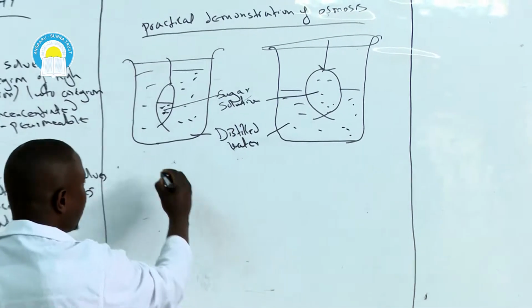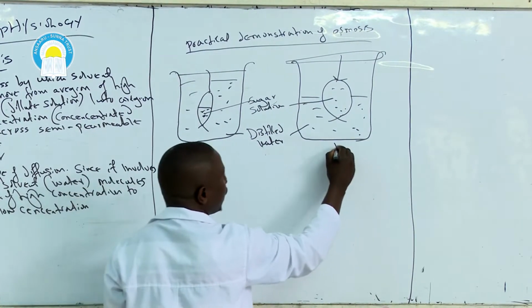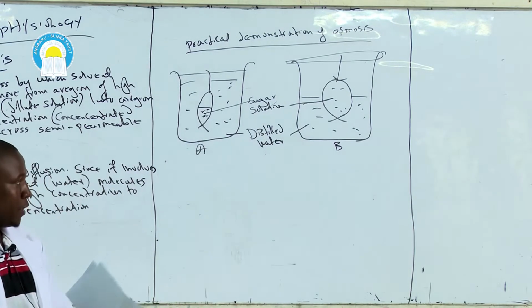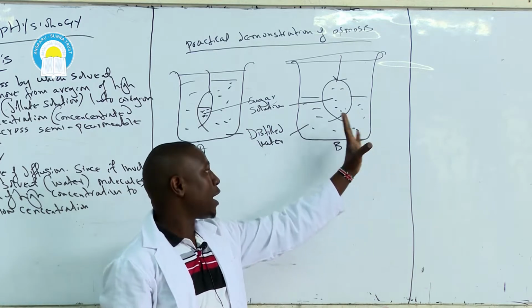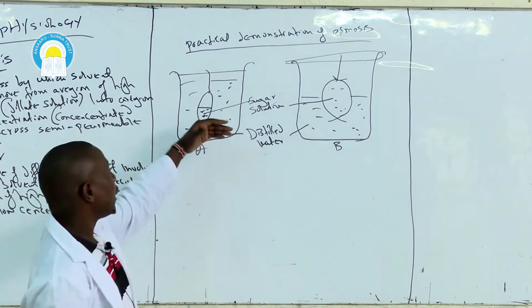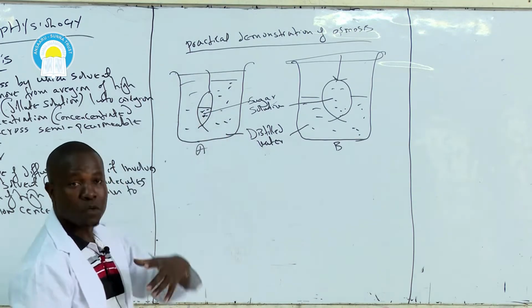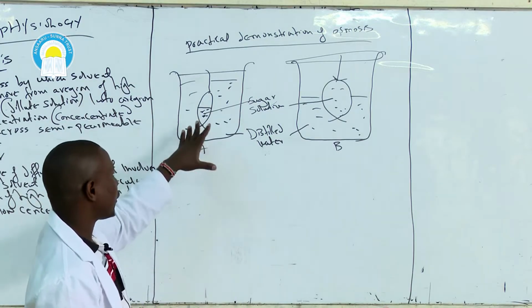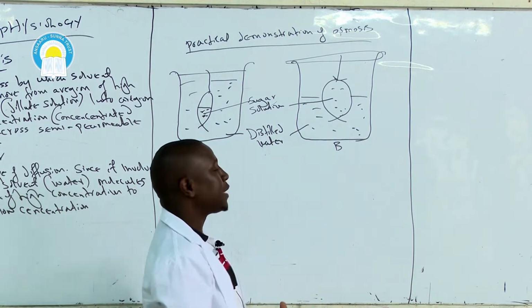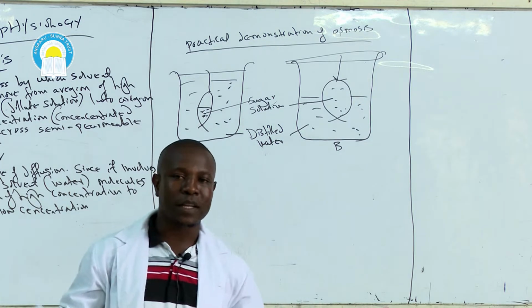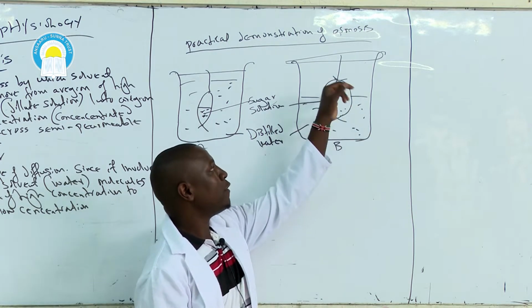The beginning of the experiment we mark as A, and the end of the experiment we mark as B. If you look at the board, you can see that the water level in the beaker has dropped, while the solution inside the visking tubing at the end of the experiment has increased. The volume of the solution has increased.